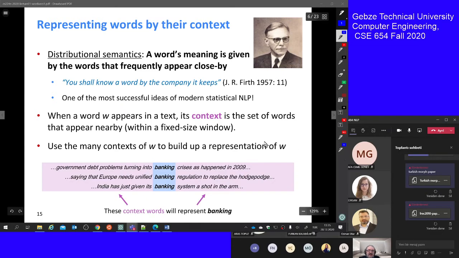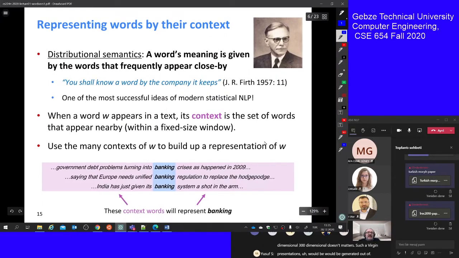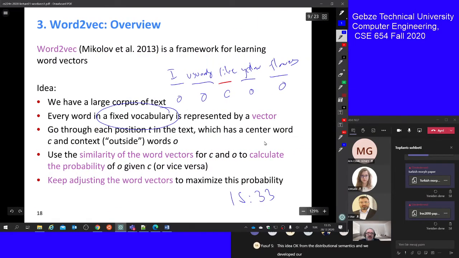Okay, that's what we said last time. We said that suppose each word has a vector like this, 100-dimensional or 200-dimensional or 300-dimensional, doesn't matter. Such word representations would be generated out of this idea from the distributional semantics, and we developed our formulations accordingly last time.